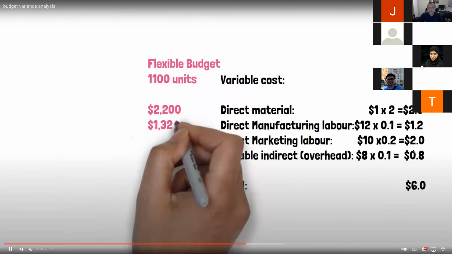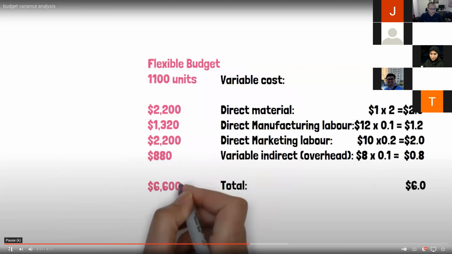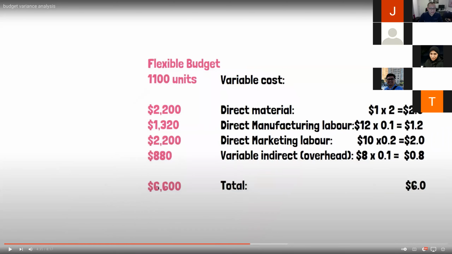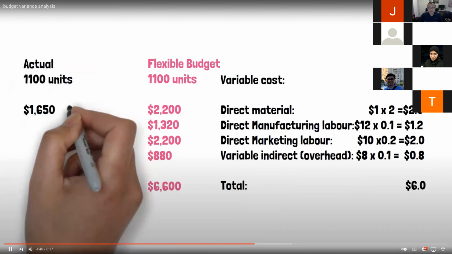Just use these numbers times 1,100 units, so that is your $6,600. These numbers are per unit, so multiplied by 1,100 units, that's how you get the flexible budget, okay? And now your actual numbers.